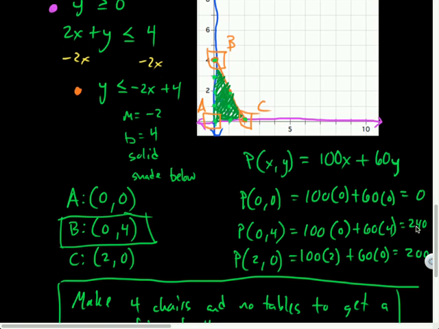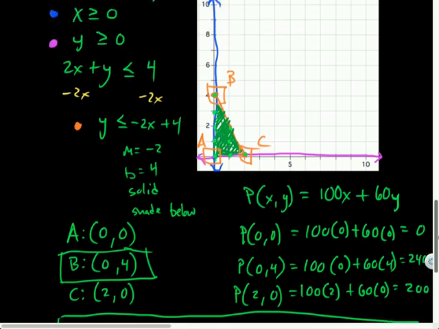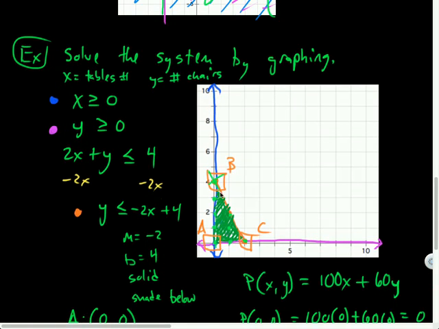Because 4 times 50 would have been 200 and 100 times 2 would have been 200. Sometimes it can occur that you'll have a tie between two vertices, and basically what that will mean is any point along that whole boundary will end up being equally optimal, all right? And that only occurs when there's a tie. But most of the time it will end up being just exactly one of those points, all right?